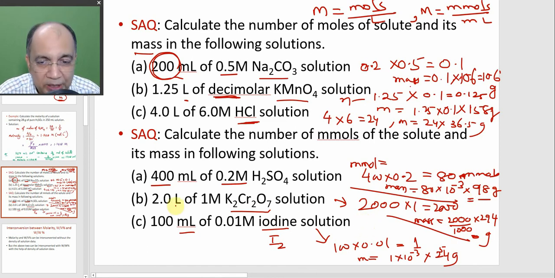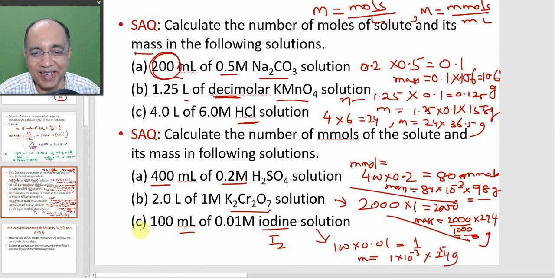Then 2 liters of 1 M potassium dichromate solution. Here I converted it to milliliters: 2000 into 1, so that is 2000 millimoles. Then mass is equal to 2000 millimoles divided by 1000 into the molecular mass of potassium dichromate, 294, and you find the final mass.